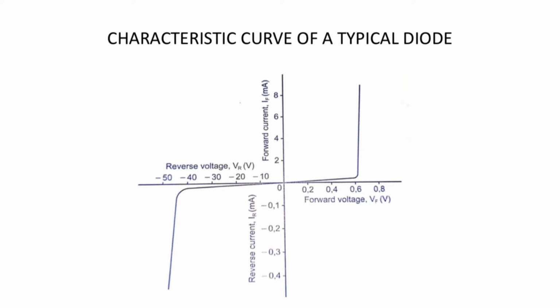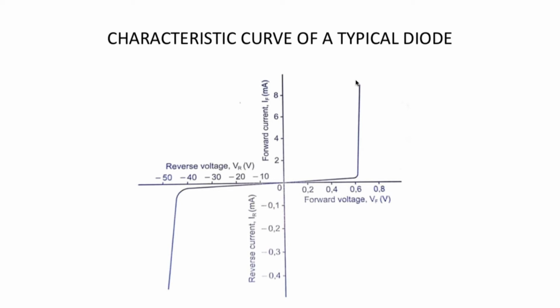If you look closely, from 0.2 to 0.4 up to 0.6 on our forward voltage, the forward current is roughly at a constant flow.